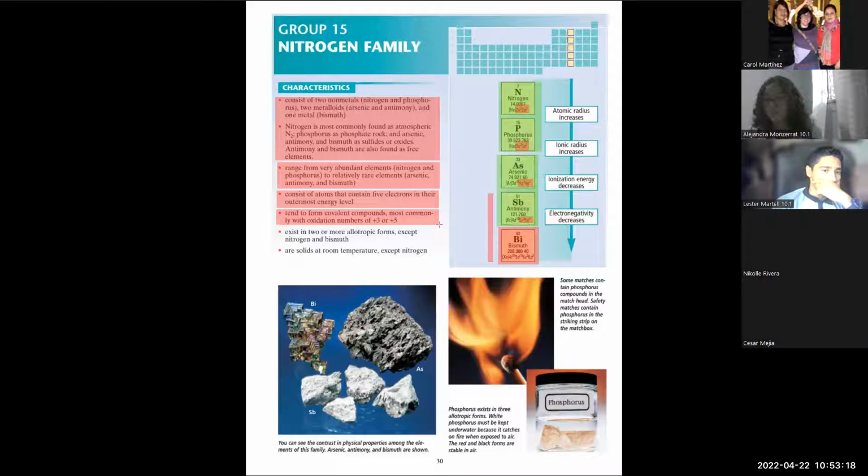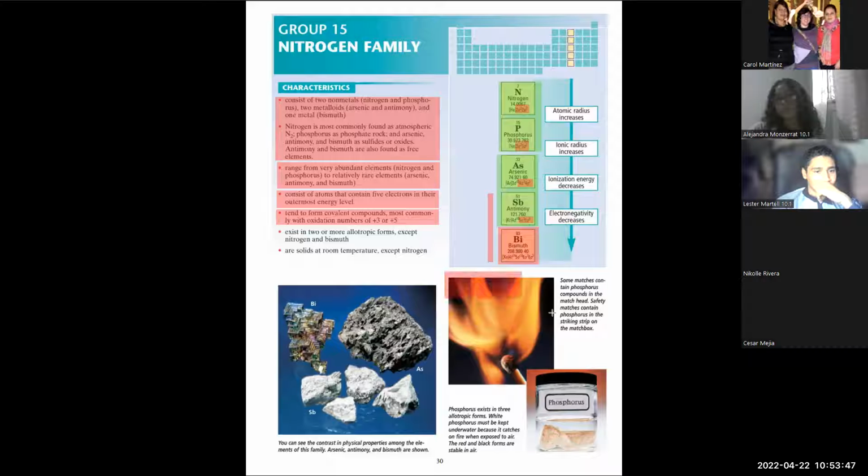For example, in nitrogen, it says ±3, 5, 4, 2. Okay, even though you can find all those oxidation numbers, the most common ones are going to be 3 and 5. They exist in 2 or more allotropic forms except nitrogen and bismuth. They are solid at room temperature except nitrogen, which is a gas.